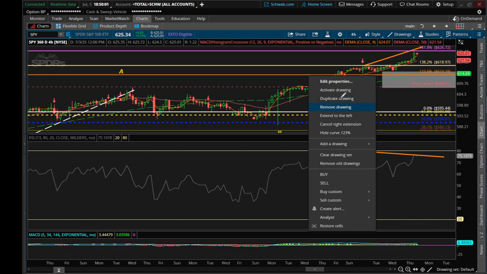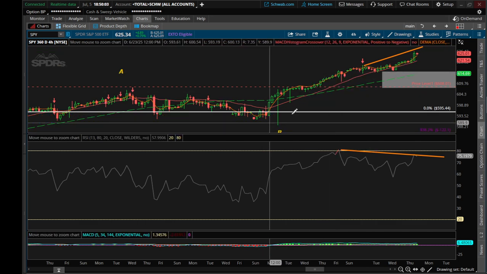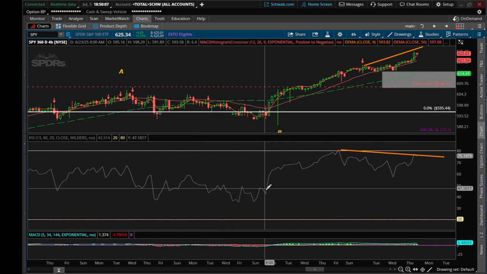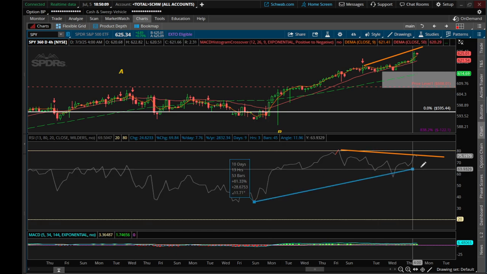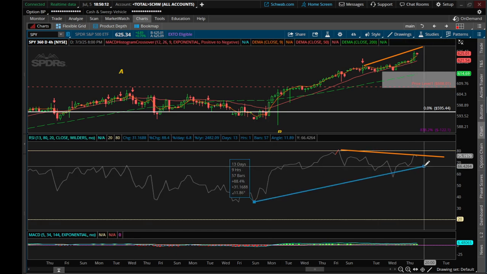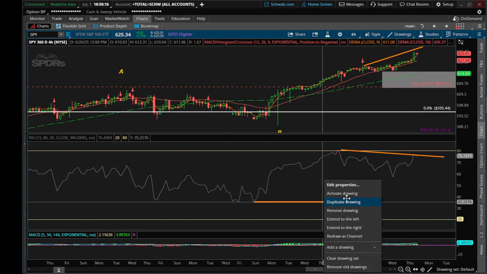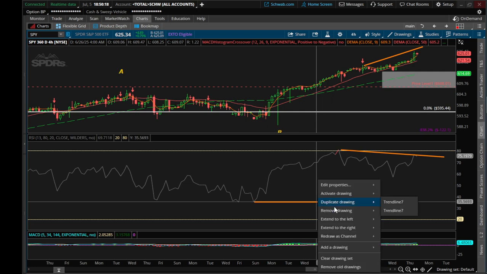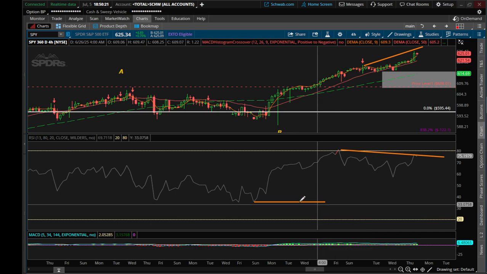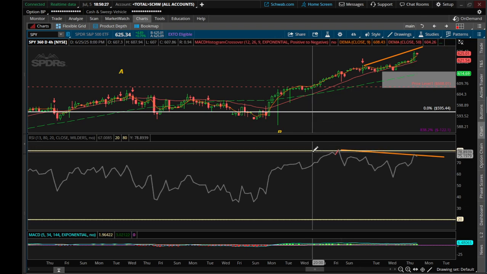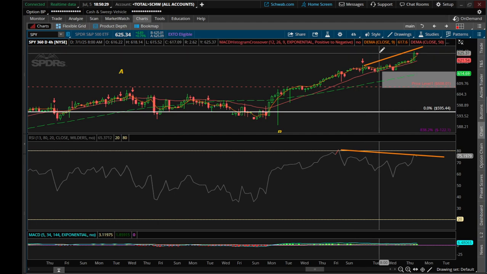Let me get these fibs out real quick. So on this move, based on that move, it's not really much of a divergence, only on that last leg. I hope you can see what I'm looking at.